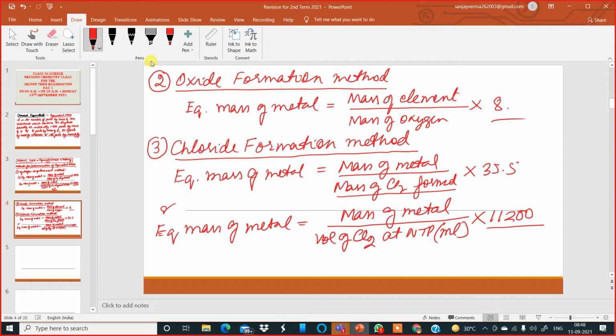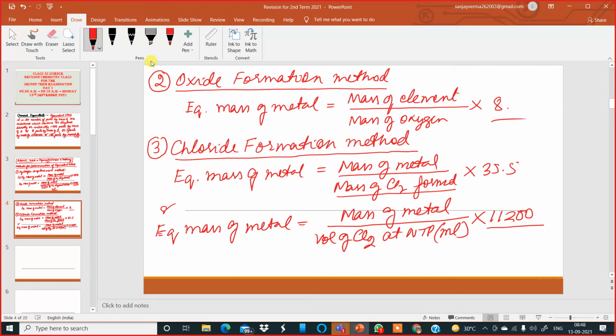11,200, because chlorine is diatomic, so we take half of that. Chlorine is a diatomic molecule, hydrogen is a diatomic molecule, so we take half of 22,400 milliliter. One mole of any gas occupies 22.4 liters or 22,400 ml.